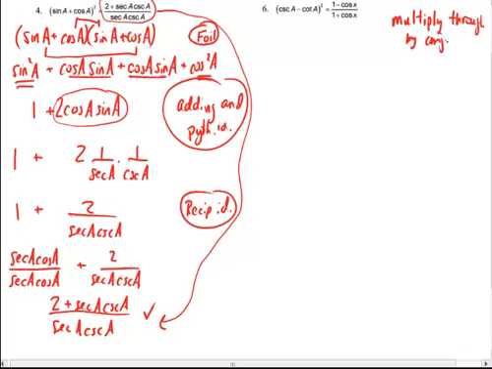So you can see here the bottom has two terms being added. So our conjugate, we're going to just start out with 1 minus cosine of x over 1 plus cosine of x. So we're going to multiply numerator and denominator by the same thing, but it will be the conjugate of the denominator.